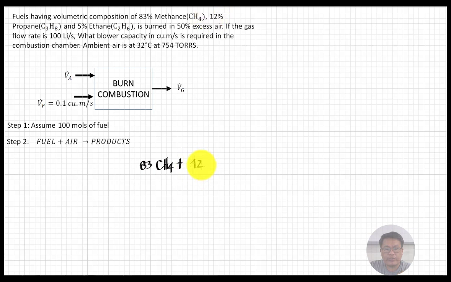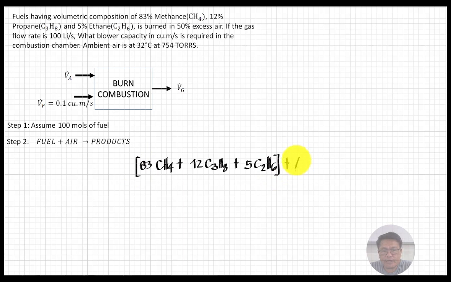So that would be 12 times the chemical formula of propane, C3H8. Again, we have another fuel, which is ethane. We have 5% of that, so I'm going to write here 5 times C2H6, the chemical formula for ethane. So that will be our fuel now.